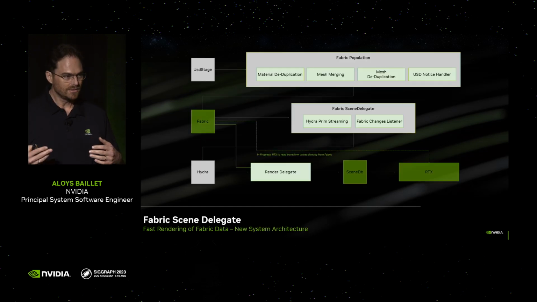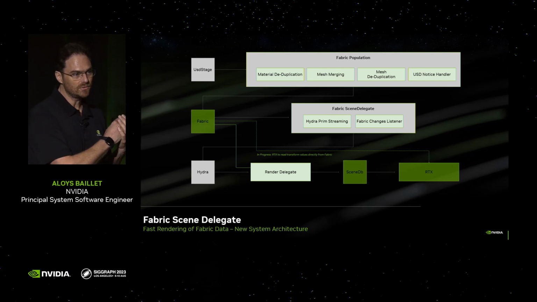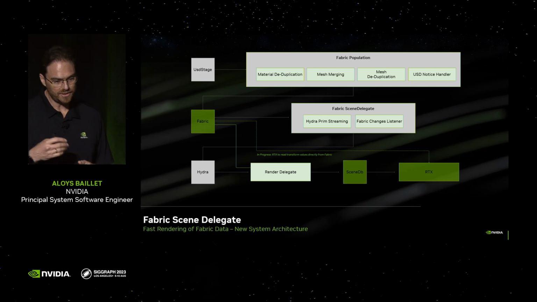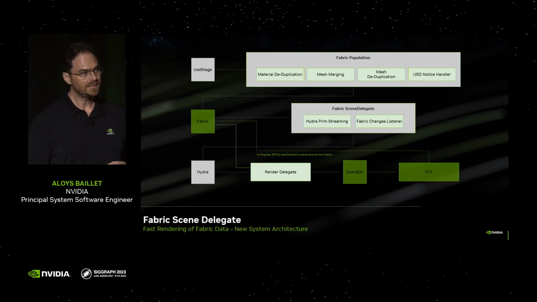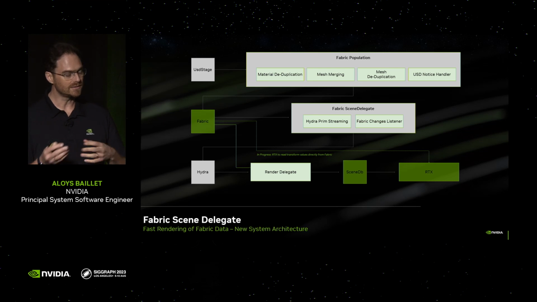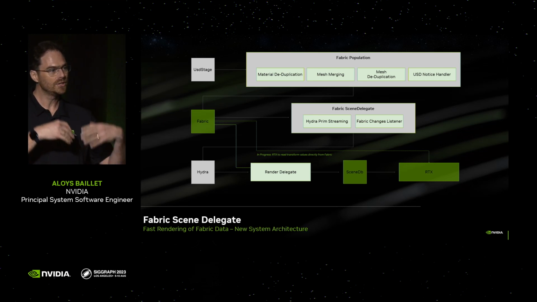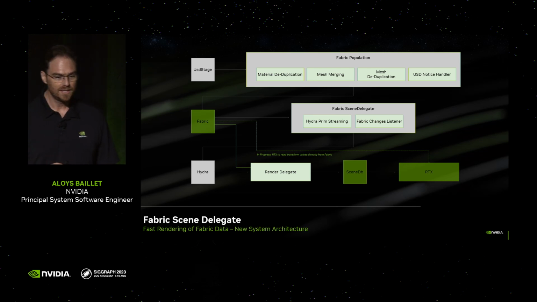In the new architecture, we created a new population plugin that translates all the USD data into Fabric. And on the way to Fabric, we run some extra tricks like deduplicating materials and merging meshes that are within an instance. So immutable data can be merged, and we can reduce the prim count of the Hydra scene at the end.